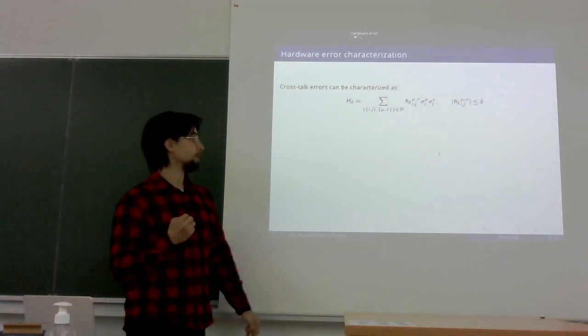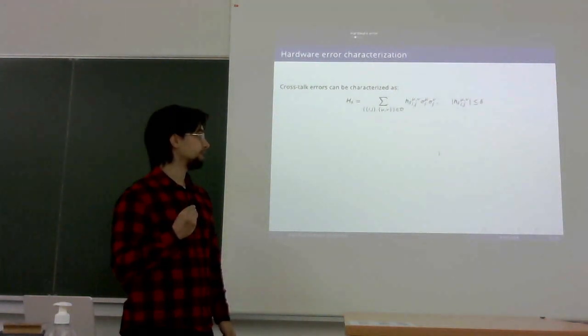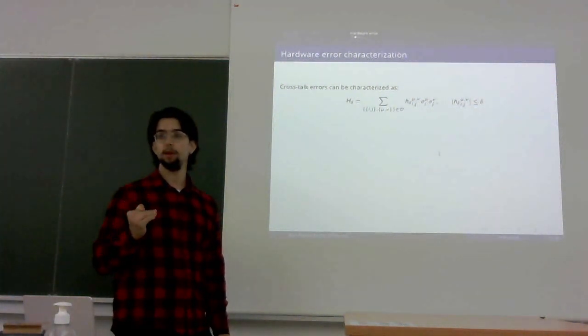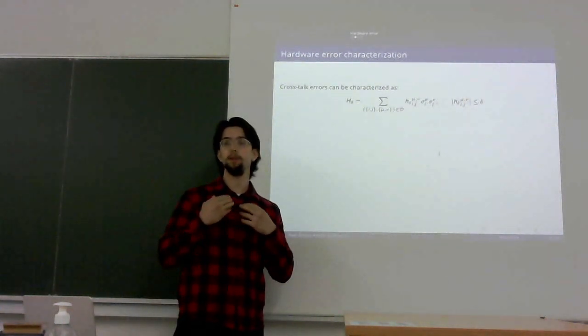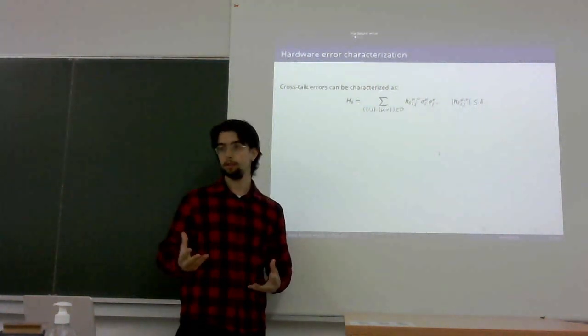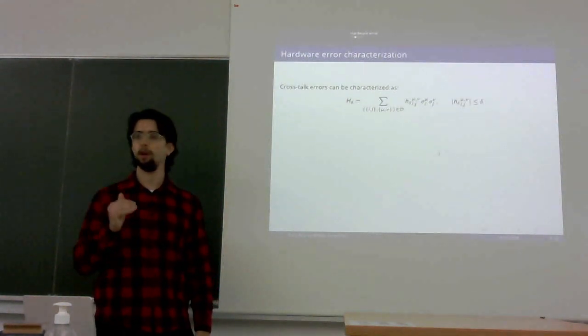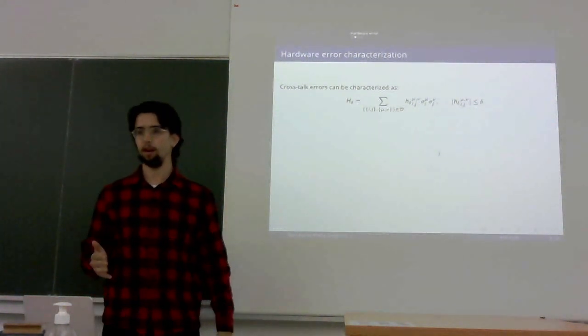We are also going to bound the maximum coupling that this Hamiltonian can have by delta, which will be called the hardware error. This is the maximum error that we can get for any kind of interaction.